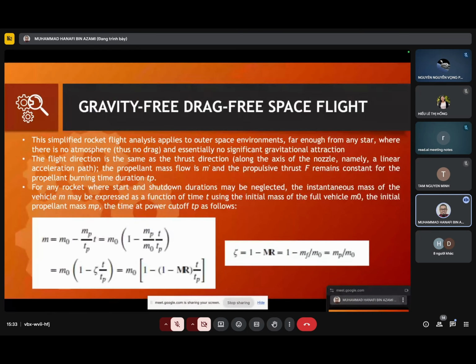When you launch it, the rocket ignites and burns for a few seconds, then burns out. Due to inertia and momentum, it can still fly.